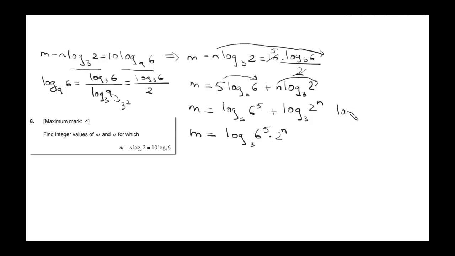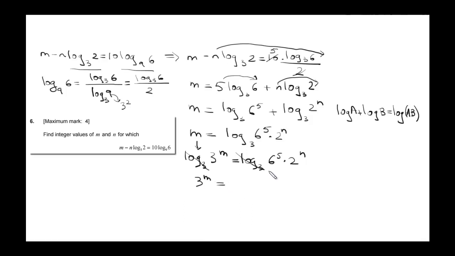According to the laws of logarithms, log a plus log b in any base is equal to log of a times b. m can be written as log base 3 of 3 power m equals log base 3 of 6 power 5 times 2 power n. Log base 3 cancels out because the log function is injective, it means the arguments are equal. Therefore 3 power m equals, 6 can be factorized into 2 times 3, so (2 times 3) to the power 5 times 2 power n.